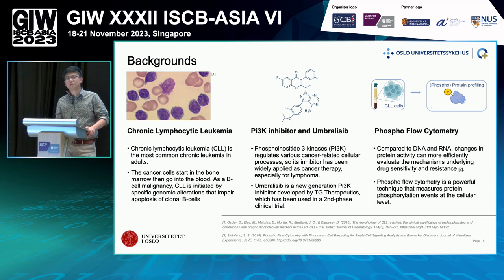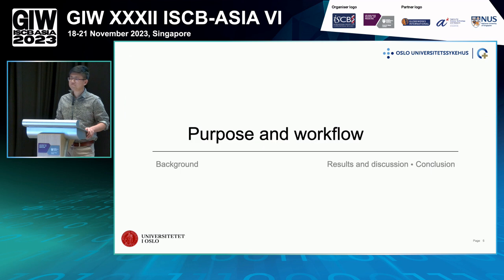It actually measures the activation level of a protein, but that's a simplification. You may check the details if you want. Compared to DNA and RNA, changes in protein activity can more efficiently evaluate the mechanism underlying drug sensitivity and resistance. Phosphoflow is a very powerful technique that measures protein phosphorylation events at the cellular level.